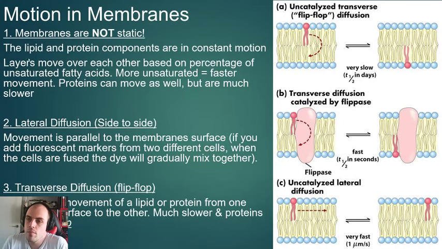So, this next part I want to talk about is this lateral diffusion. So the movement is parallel to the membrane surface. What that essentially means is, if we look at, say, just this fatty acid on the, facing outside the cell, it can move left to right and forward and back.